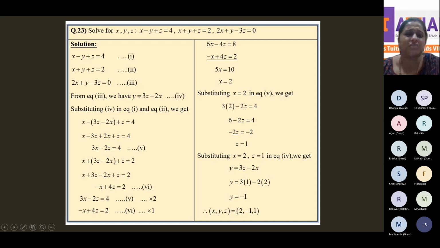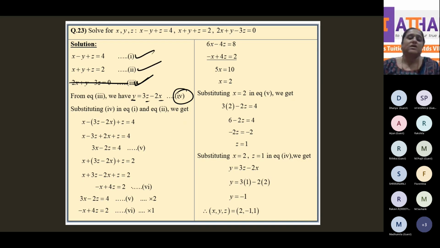So I have taken the third equation and written y in terms of z and x. This is 4. We used 3 to get 4, right? So leave 3. Substitute this in 1 and 2 and you will get new equations 5 and 6. Solve those equations and find the values of x and z, and hence find y.